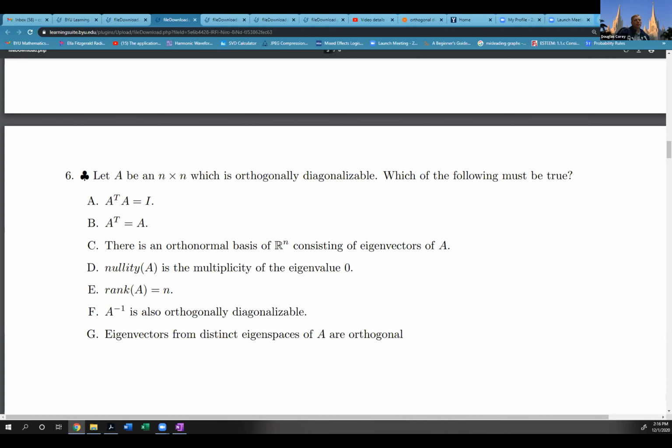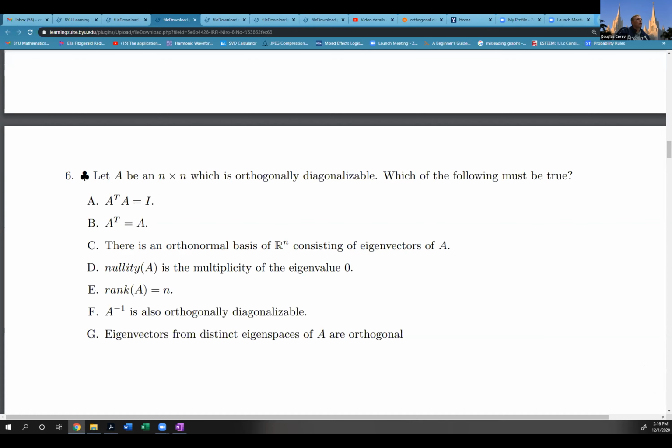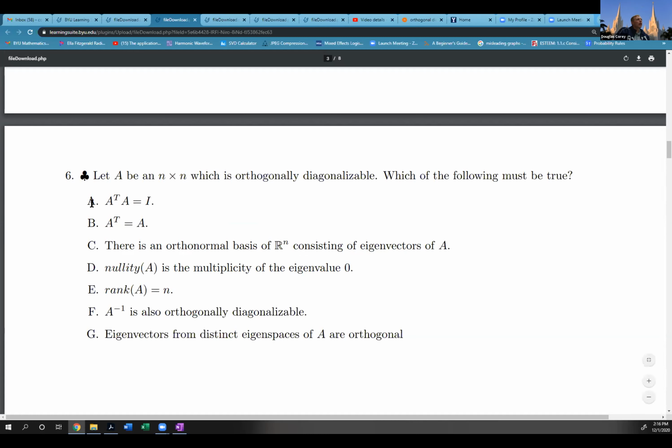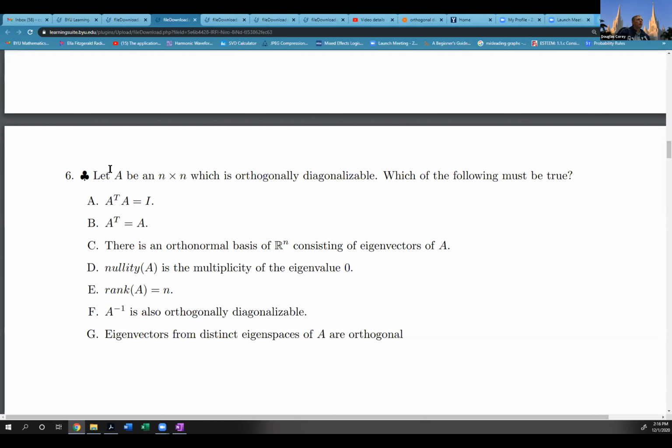All right. How about A? Is A transpose? Okay, so we know that A is an n by n matrix. It's orthogonally diagonalizable. Which of the following must be true? A transpose A equals the identity. What do we think about that one? You guys can do thumbs up or thumbs down or yes and no on these.